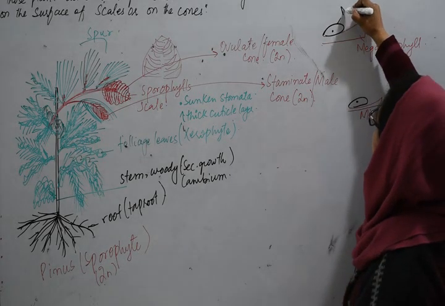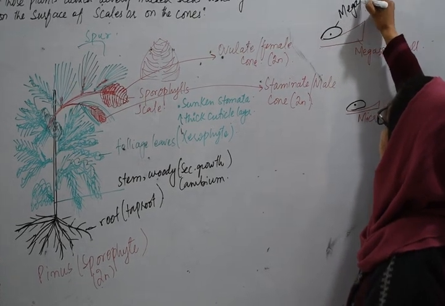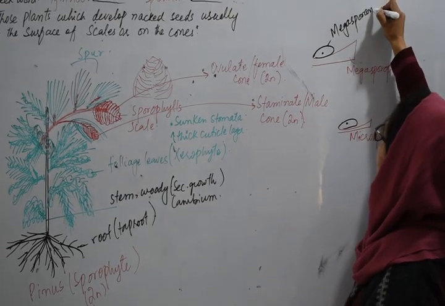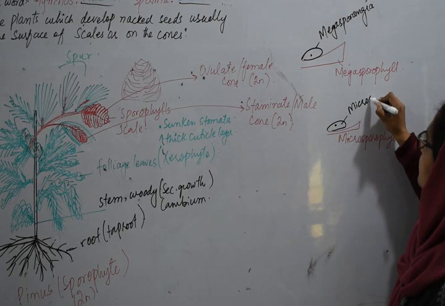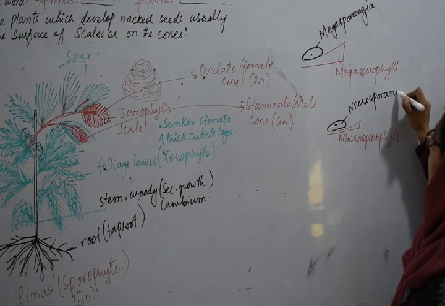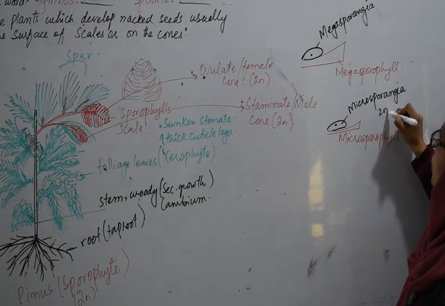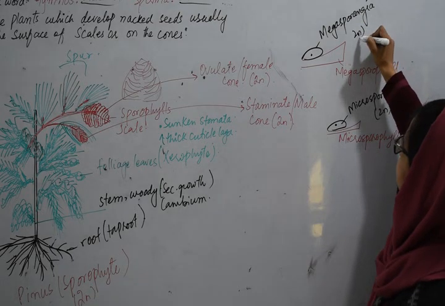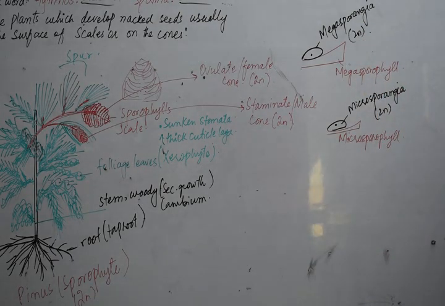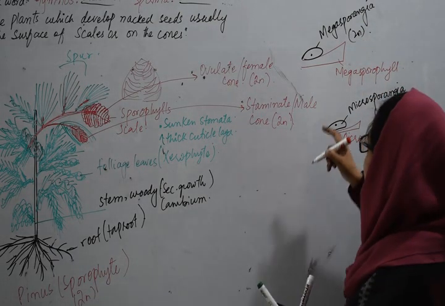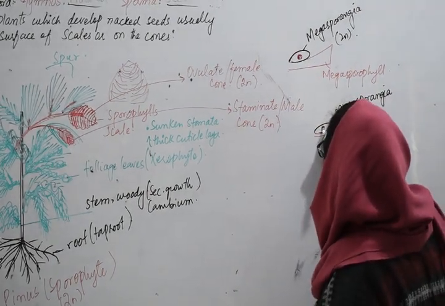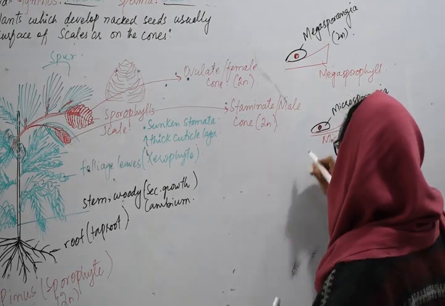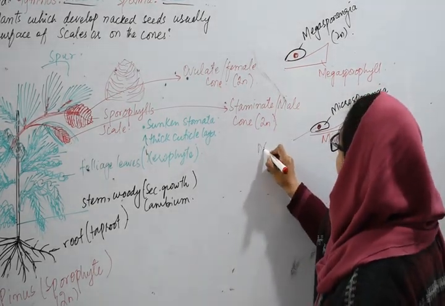So this is the megasporangia and this is the microsporangia. Again, microsporangia and megasporangia are diploid structures. Then these sporangia contain a cell called the microspore mother cell.